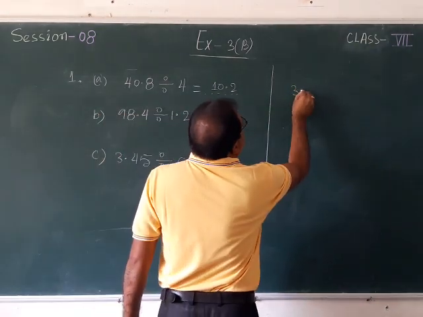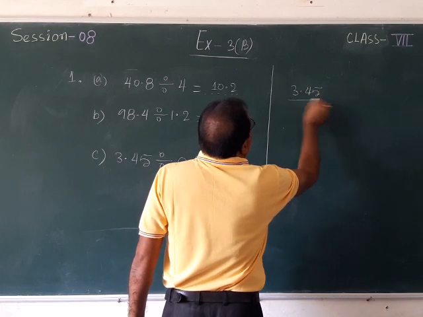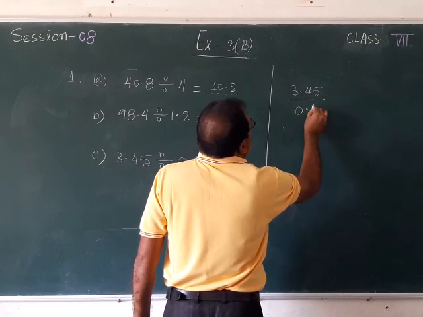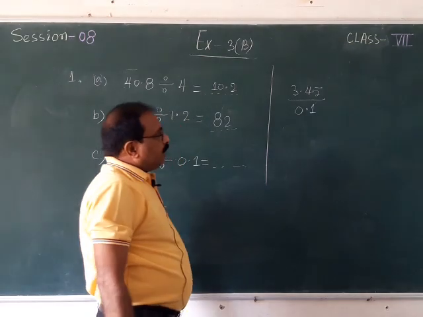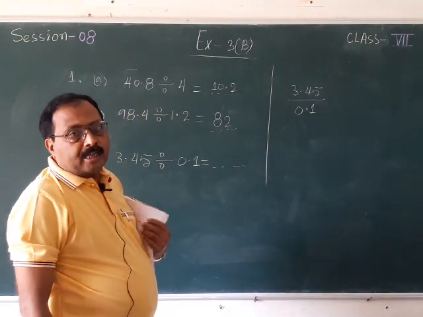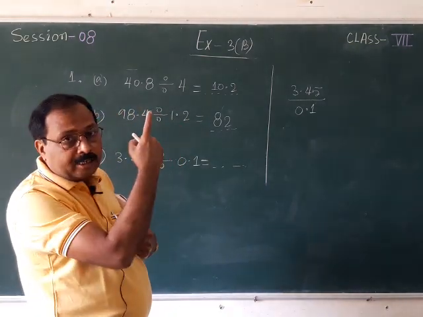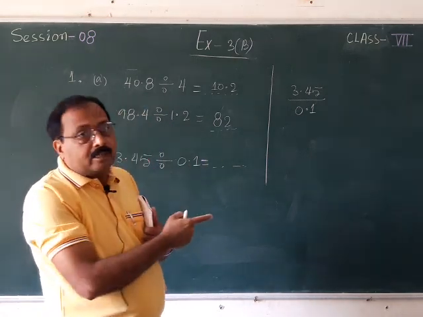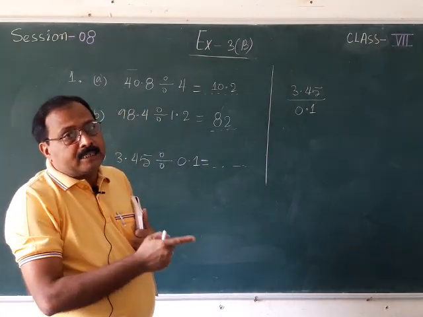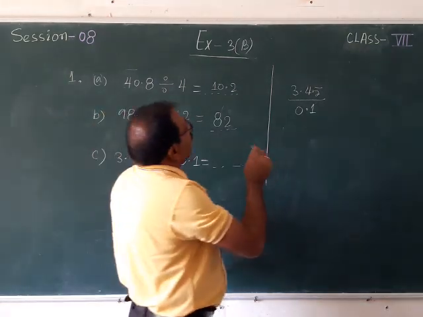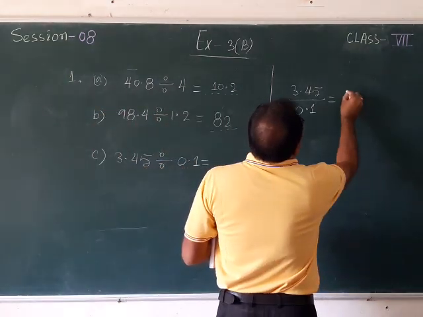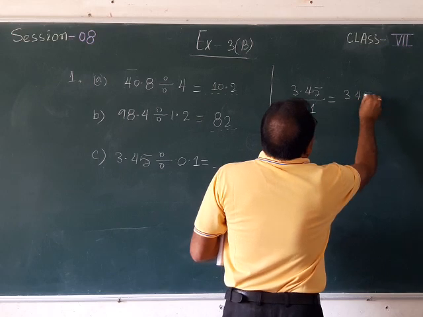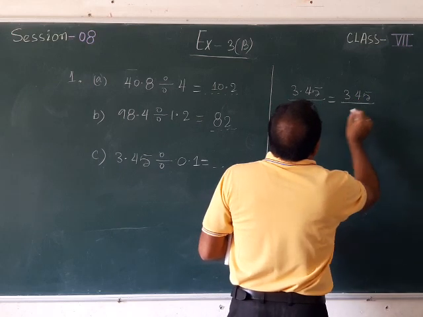It can be written as 3.45 upon 0.1. Here you can see after the decimal the number of digits is not the same. At the numerator there are 2 digits after the decimal, but at the denominator there is only a single digit. Then what to do? We have to make them equivalent, like decimals.